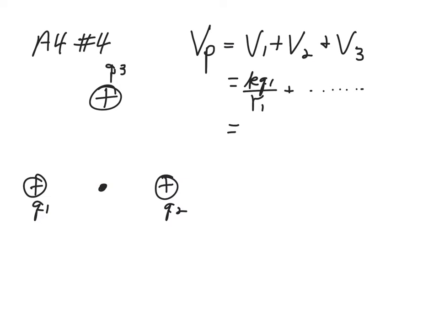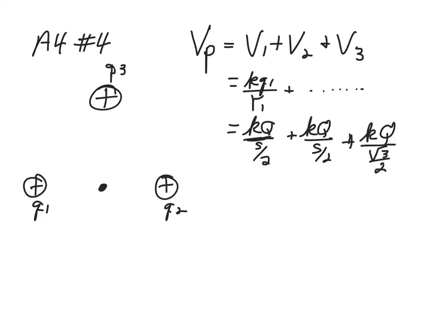And so V1 is going to be KQ1 over R1 and so on. So let's see if you can do this. And if you can't, wait and see what I do. Okay, so for V1, I did KQ. They're all going to be Q over the distance from the point. So that's S over 2, and it's not squared, right?